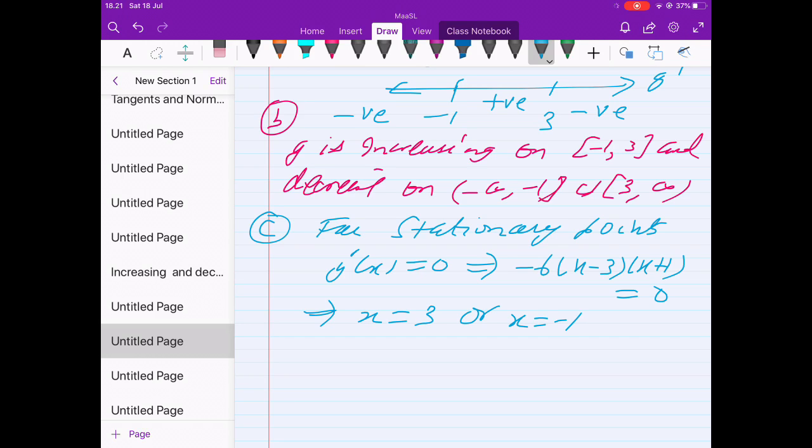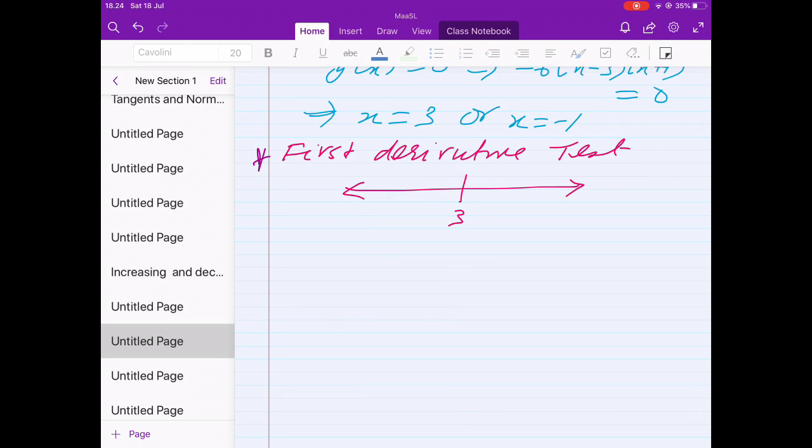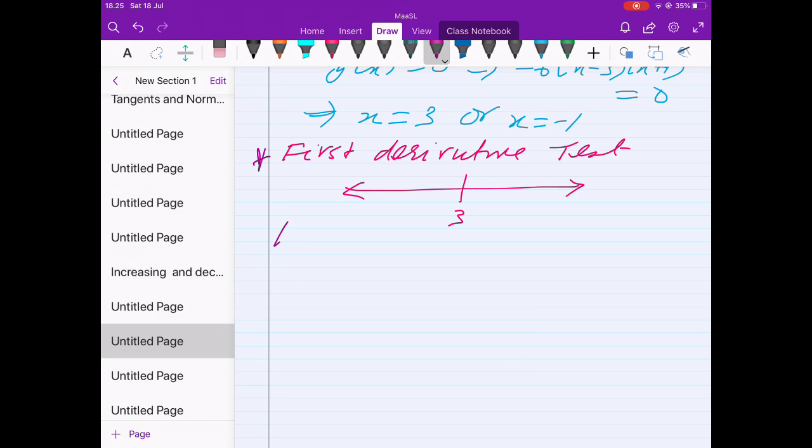But what is the nature of these stationary points? We'll use the first derivative test as well as the second derivative test. When x is equal to 3, choose a value very close to 3 on both sides, in the neighborhood of 3.